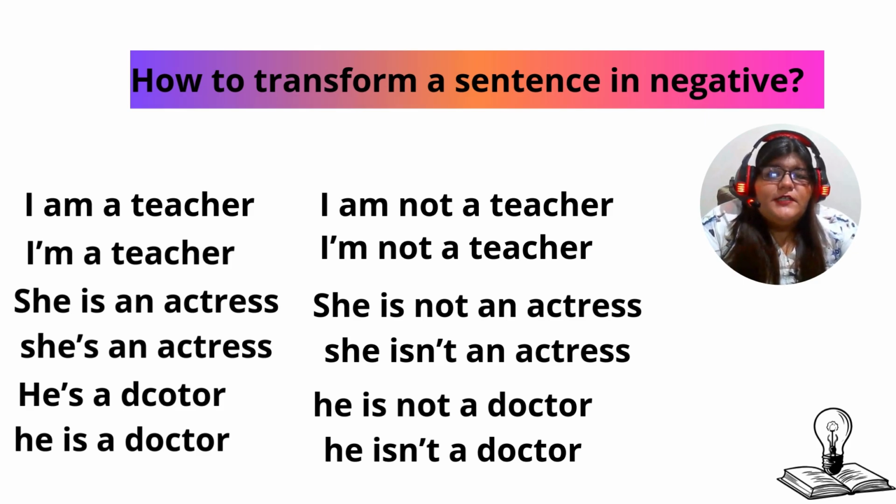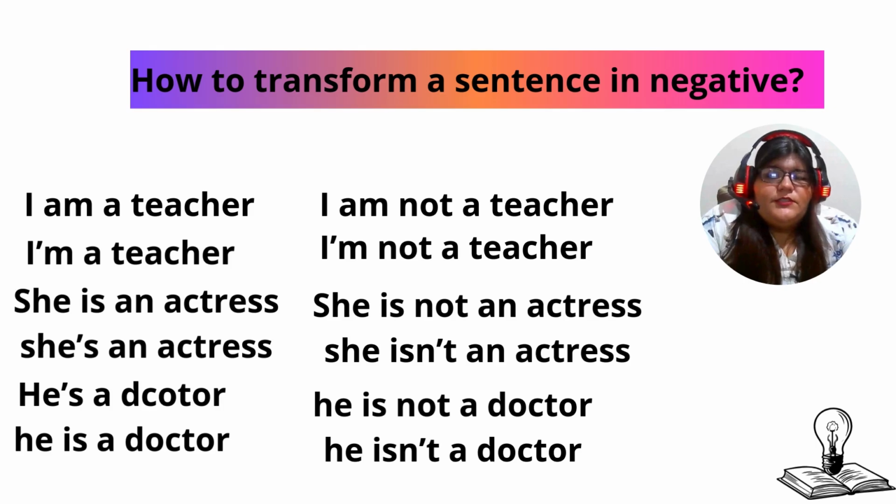And if you didn't, I recommend you stop this video and watch the last video before this one, because that information is really important if you want to understand the lesson of today. For example, do you remember I is a subject pronoun, right? Am is the be verb, and a teacher is the complement or a noun. Do you remember that we saw nouns?